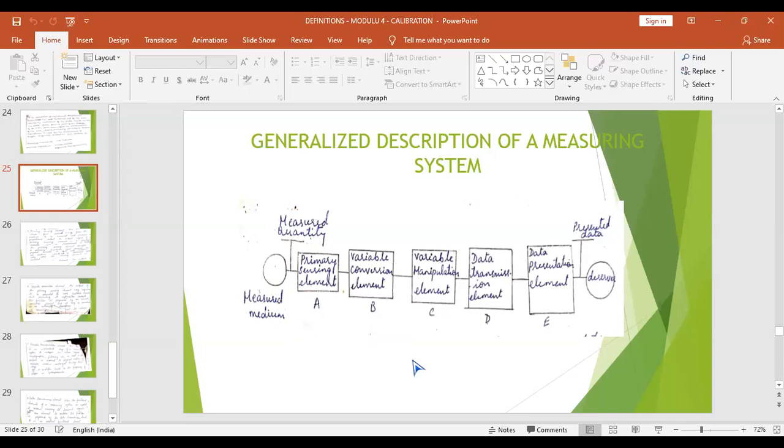In later classes, you will study the metallic electrical resistance strain gauges. There you have the wire grid. If you apply load on the strain gauge, there will be a change in the resistance. The same type of strain gauges are used in electronic weighing machines.